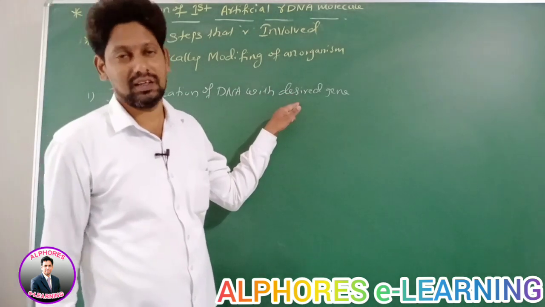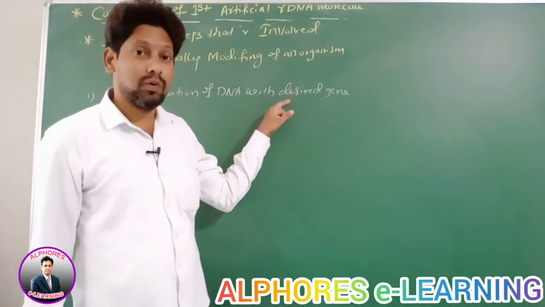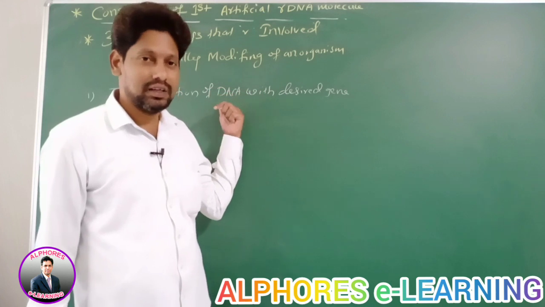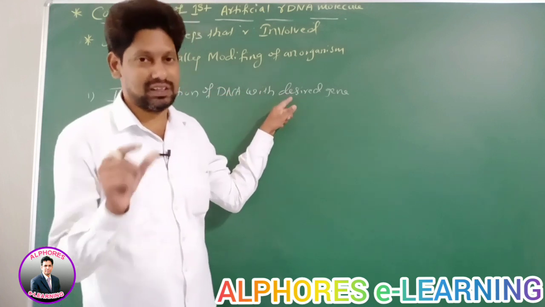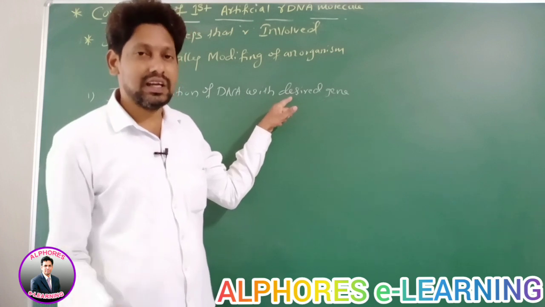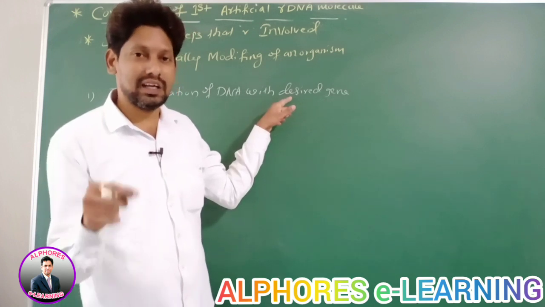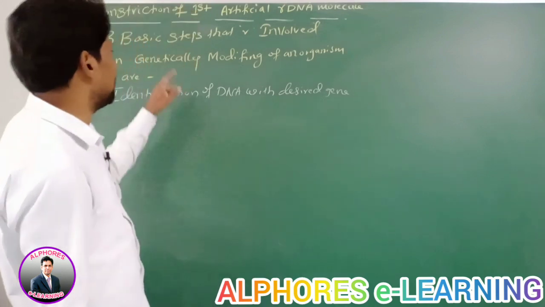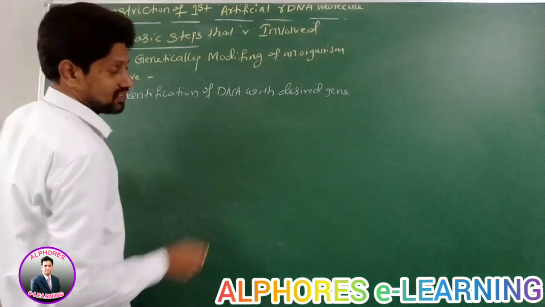Is it okay? Then what did Cohen and Boyer do? They placed the desired gene in a vector. After placing it inside the vector, they introduced that rDNA into the host cell. We are discussing basic steps, not all the steps.